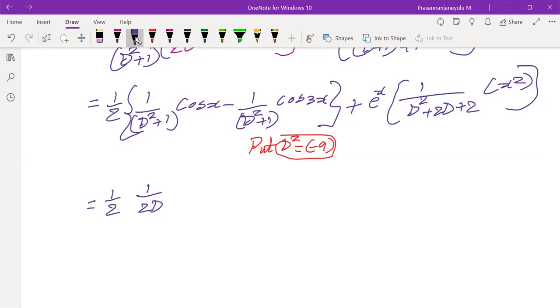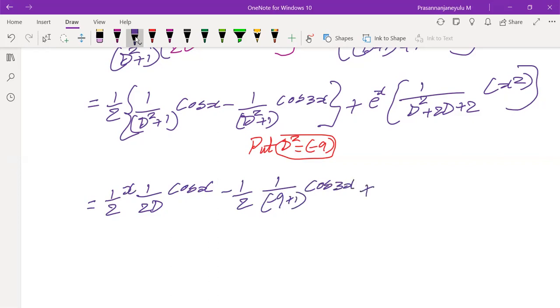So differentiating and multiplying the numerator with x as a prefactor, if cos x is the first term, minus 1 by 2 is common for both the terms. Okay, 1 by 2 into 1 by d square equals minus 9, we have to substitute minus 9 plus 1 of cos 3x. So up to this the first term expansion is completed.